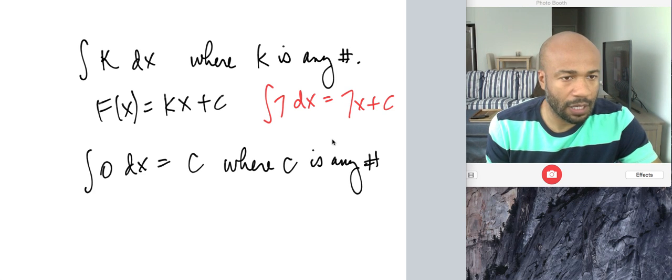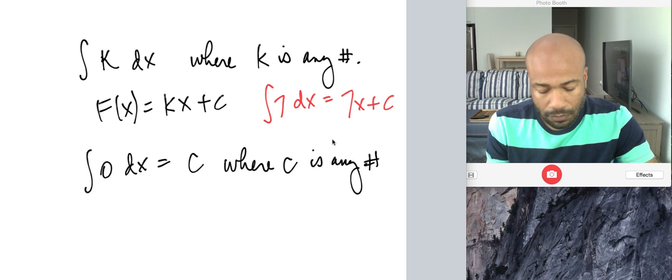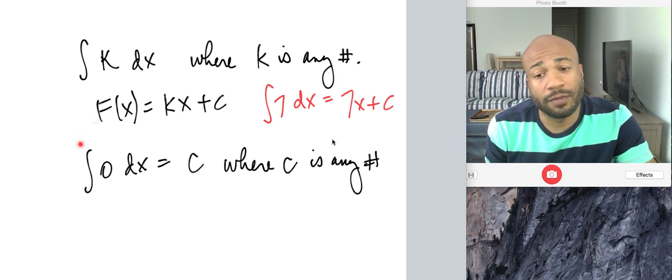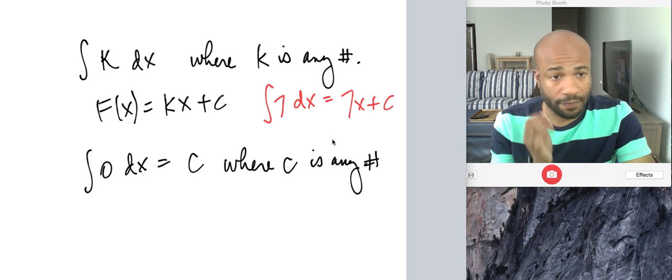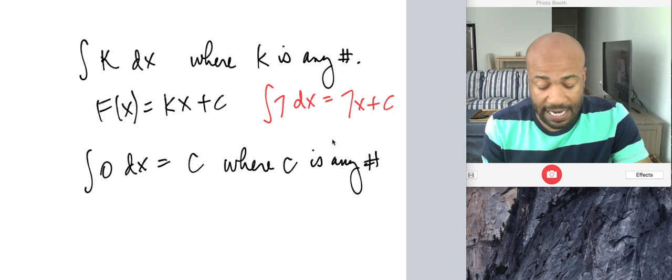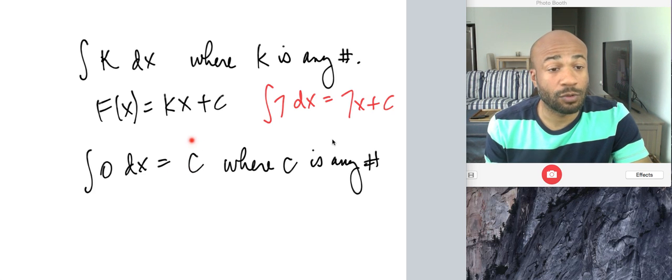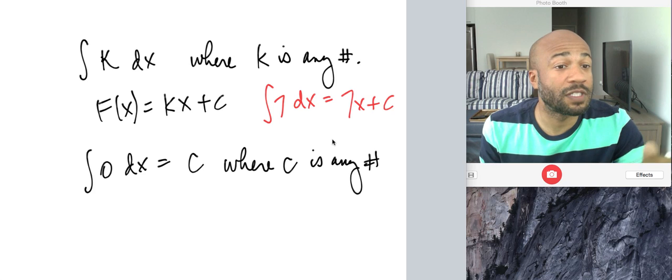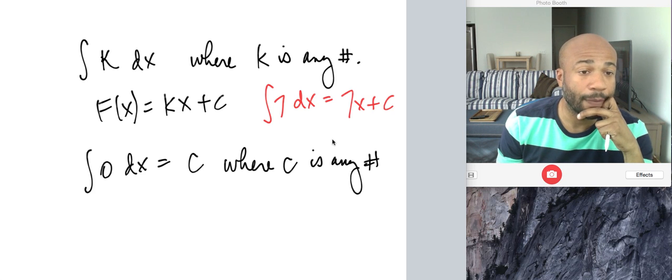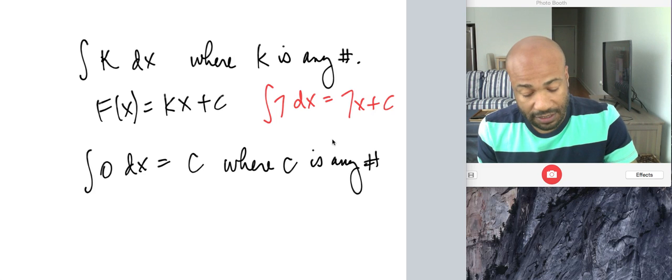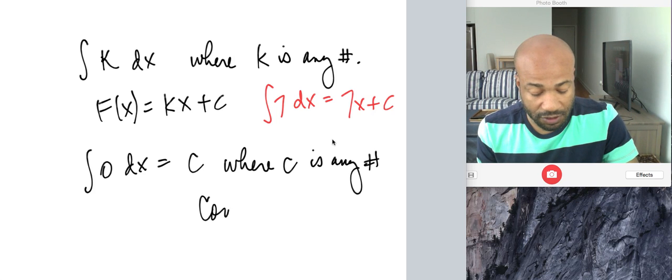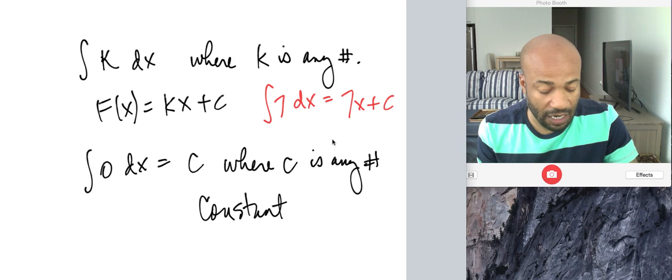If you just have a number, add an x with it, and then add a constant: 7x plus c. If you have an integral of 0, so if you have 0 as your function on the inside with respect to x, then you just have the actual value of c, where c is any number. So it's just based on it being a constant function.